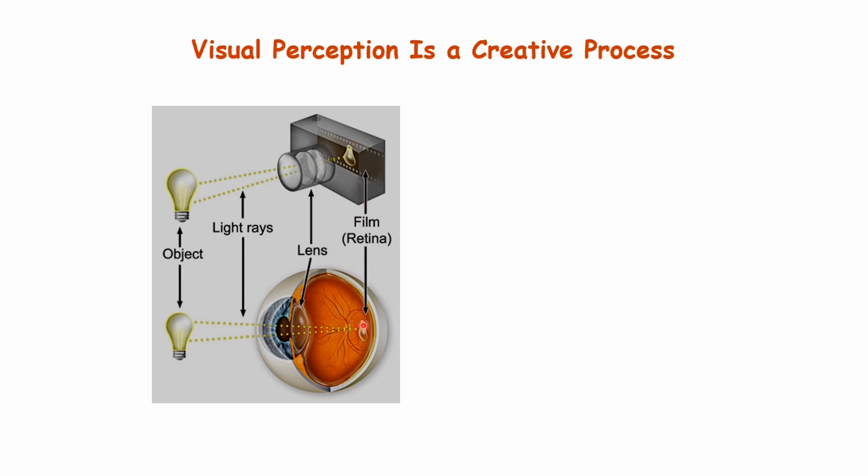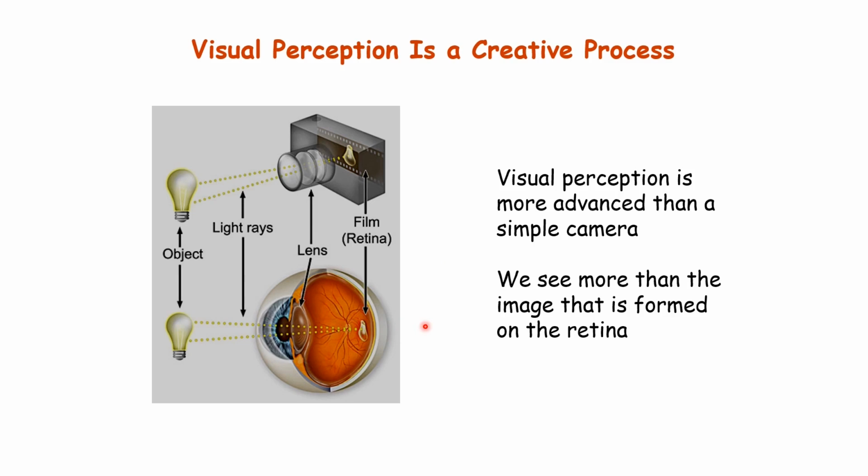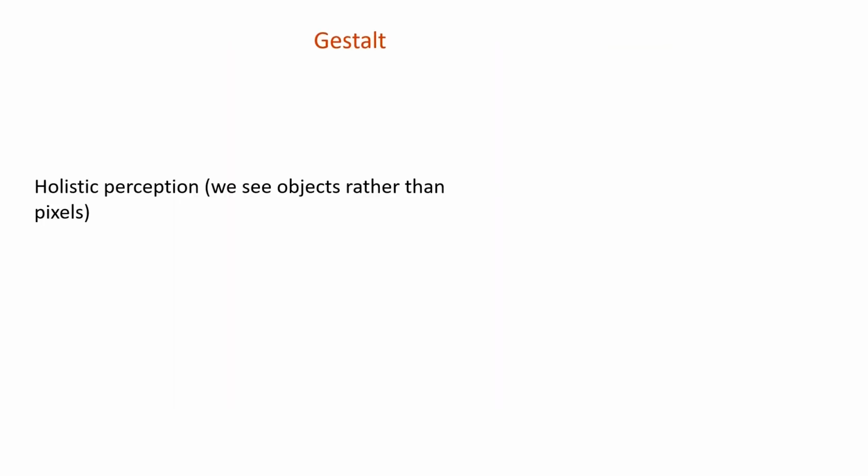But after the screen, the similarity begins to break down. The camera just transfers this pixel by pixel information to the computer, and that's what the final image is. But in the case of eyes, there is a lot of processing that happens. And what we finally see is not simply the pixel-wise information that is projected on the retina. One important feature of our perception is that it is holistic in nature.